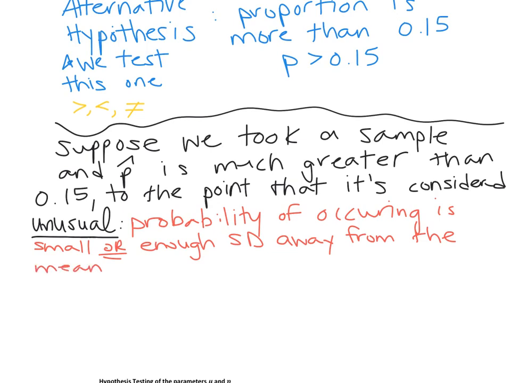All right, and there's three ways, and we've talked about this a lot. Three reasons why something is an unusual event. So three reasons why we get an unusual event.